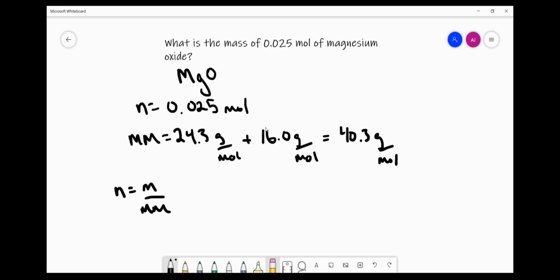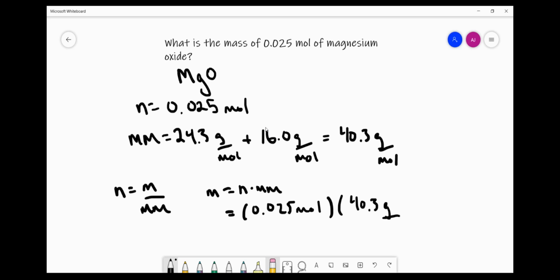So let's rearrange the equation and solve for mass. The mass is equal to moles times molar mass. 0.025 mole multiplied by 40.3 grams in 1 mole. And the mass will be slightly above 1 gram.